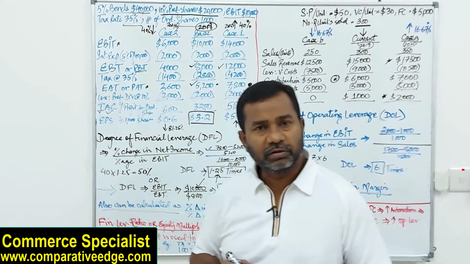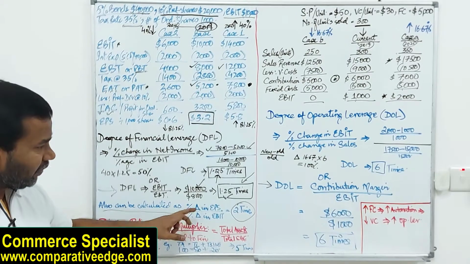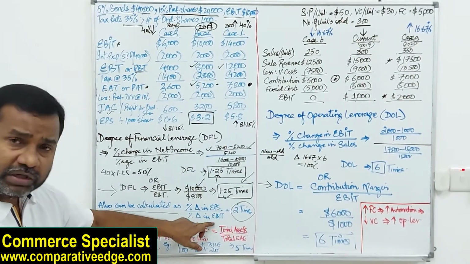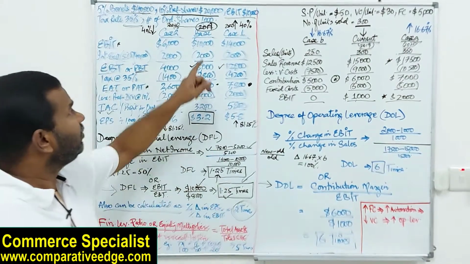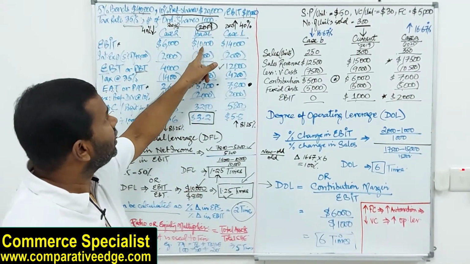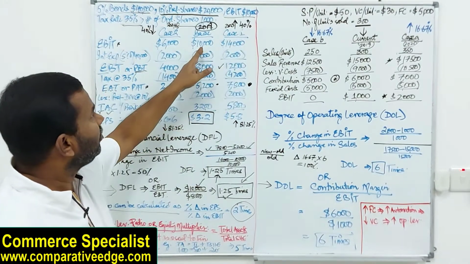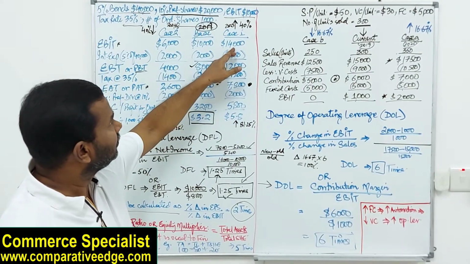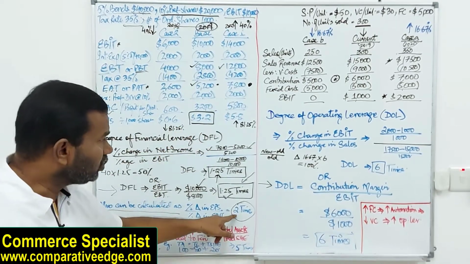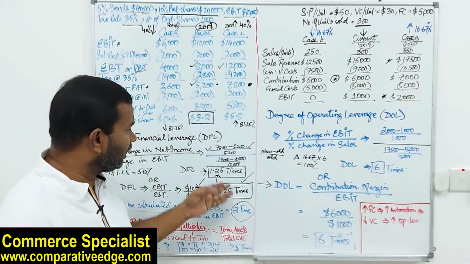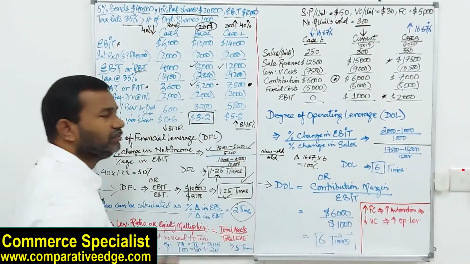What does this mean? If you calculate it through EPS, that is percentage change in EPS divided by percentage change in EBIT, if it comes 2 times, what does this mean? That means if the EBIT changes by 40%, see from 10 to 14, so EPS will change 2 times, or 40 into 2 will give you around 80% approximately.